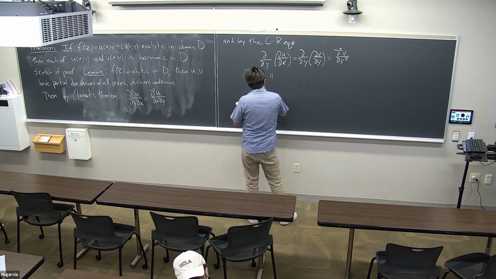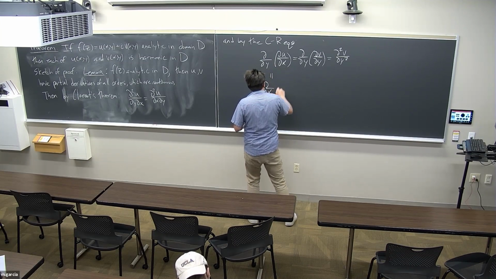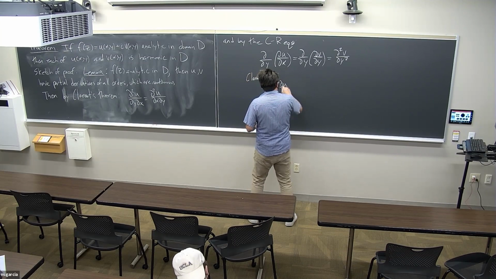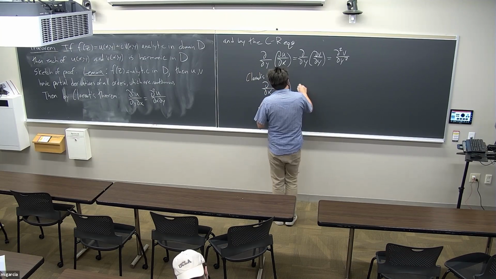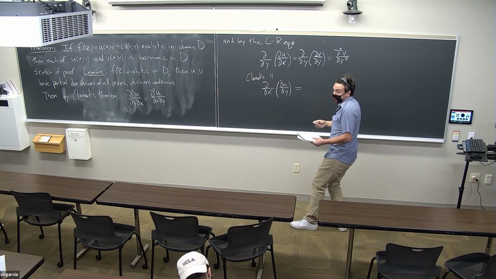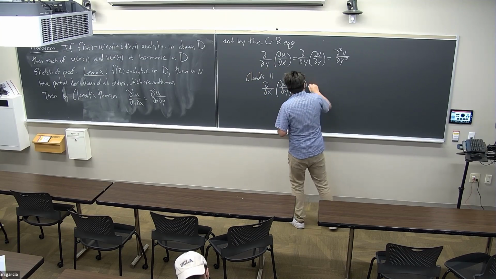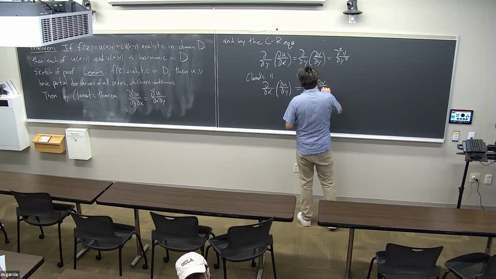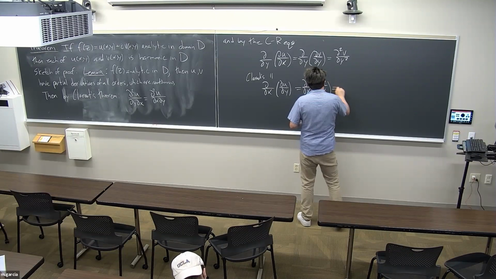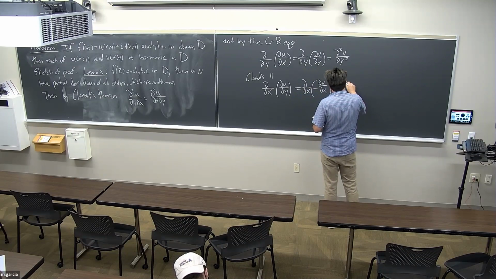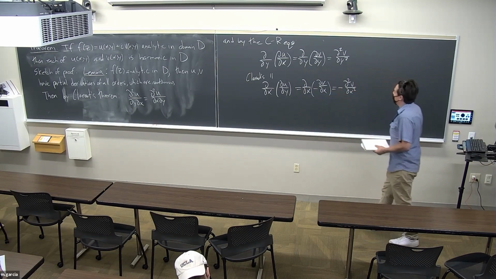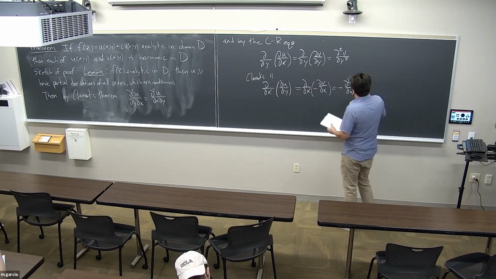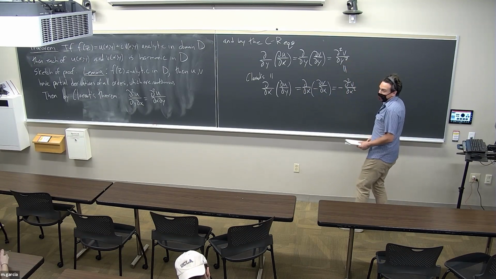This is the same as d/dx of du/dy. Then this equality comes from the second Cauchy-Riemann equation I'm about to write. So we get d/dx of negative dv/dx, or in the end, we get d squared v dx squared times negative 1. Okay, so we have equality here as well.